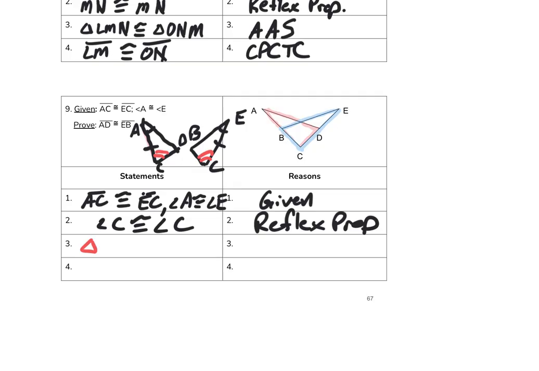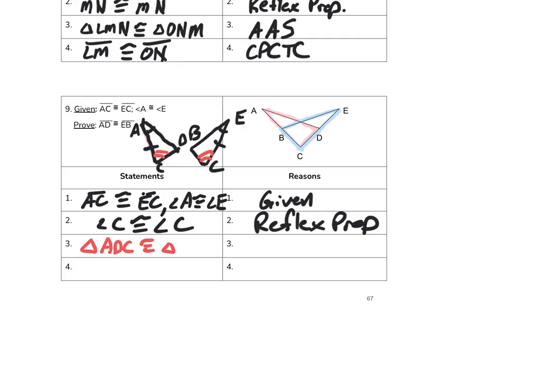Okay, ADC. It does not matter how you name that first triangle, but when I name the second triangle, all the pieces have to match up. So what's going to match with A? How do we know what matches with A? It has the same angle marking, right?